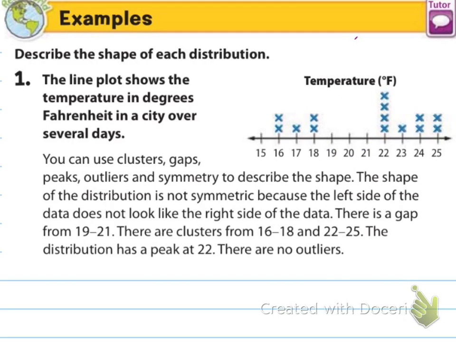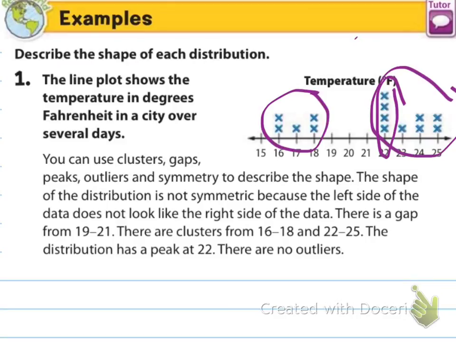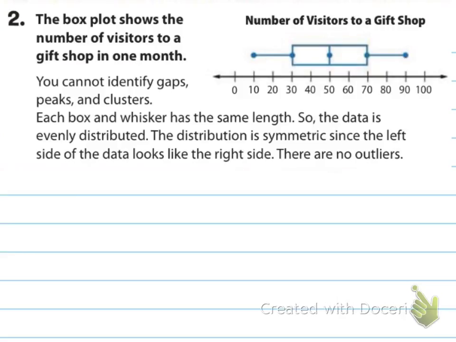We can also say that our peak was 22 degrees Fahrenheit. And then we can also say that there's clusters between 16 and 18 degrees Fahrenheit and 22 and 25 degrees Fahrenheit. And then we'd also say that there are no outliers. There's nothing that's out there.